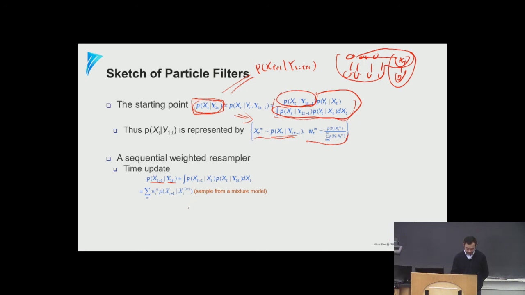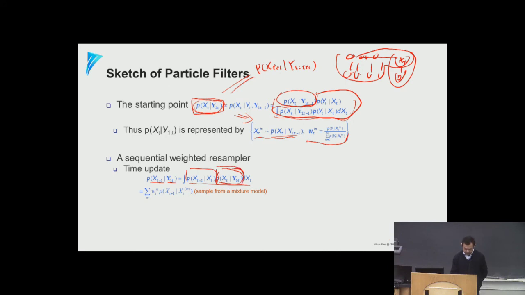This can be expressed as a product of the previous conditional distribution of the hidden states given the full sequence times a transition probability, right?